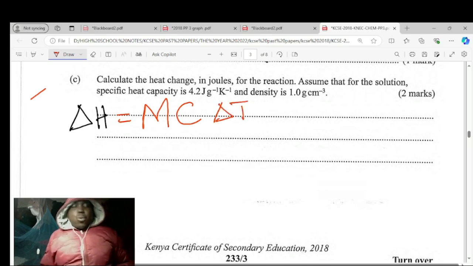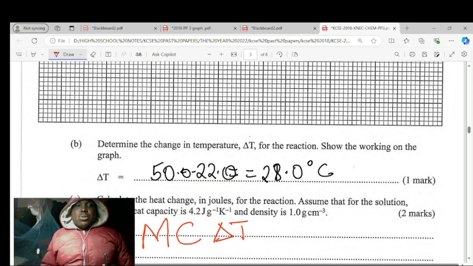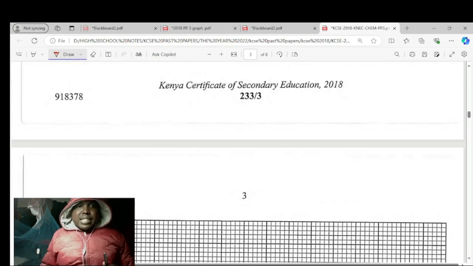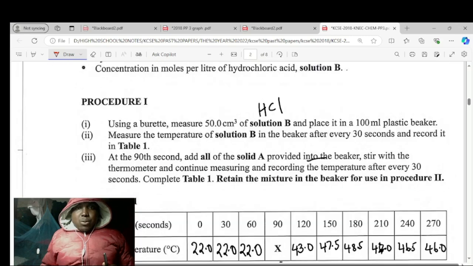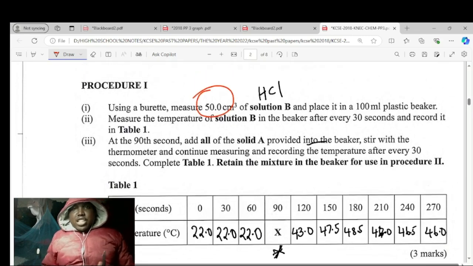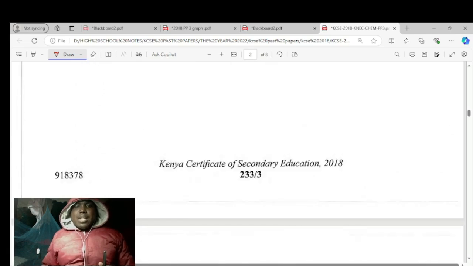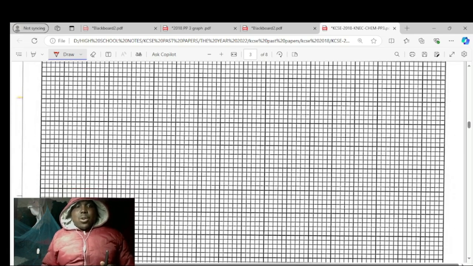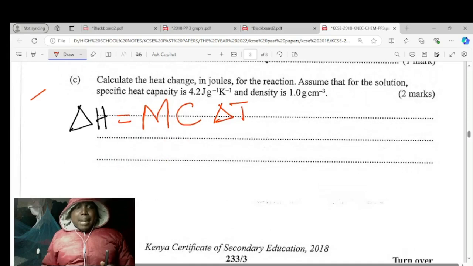Now, what volume of the solution did we use? We had put into the beaker 50 centimeters cube of solution B. This is what is guiding us. The solution yenye ilitumika, because capital M, when we are calculating heat change, it is the mass of the solution.